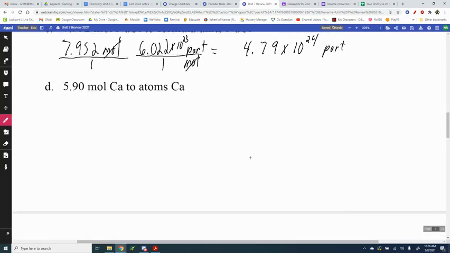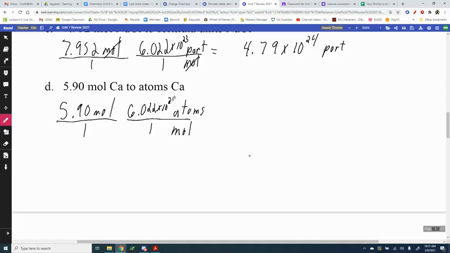All right, last one, 5.90 moles of calcium, converting to atoms. We put it over 1. We do our conversion factor. Moles on bottom, atoms on top, or particles. 1 goes next to moles. 6.022 goes next to atoms.